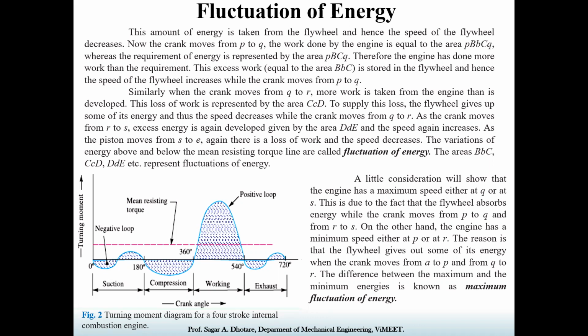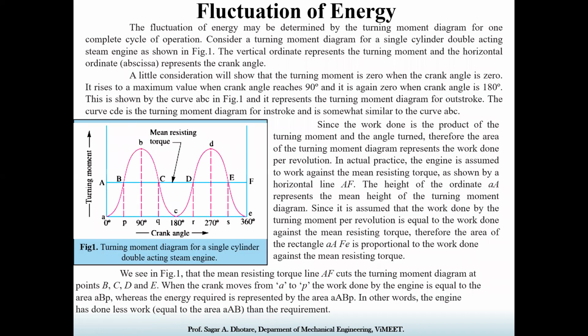As the crank moves from R to S, the excessive energy is again developed, given by the area DDE, and the speed again increases. As the piston moves from S to E, there is again a loss of work and the speed decreases. This variation of energy, increasing and decreasing from the mean resisting torque line, is called the fluctuation of energy, which we can see in figure number 1.